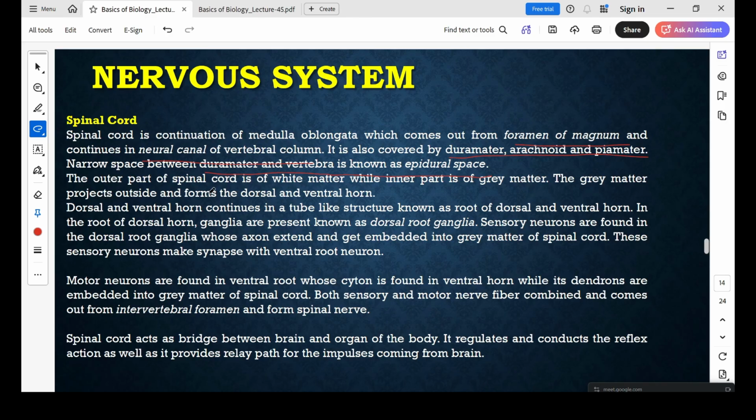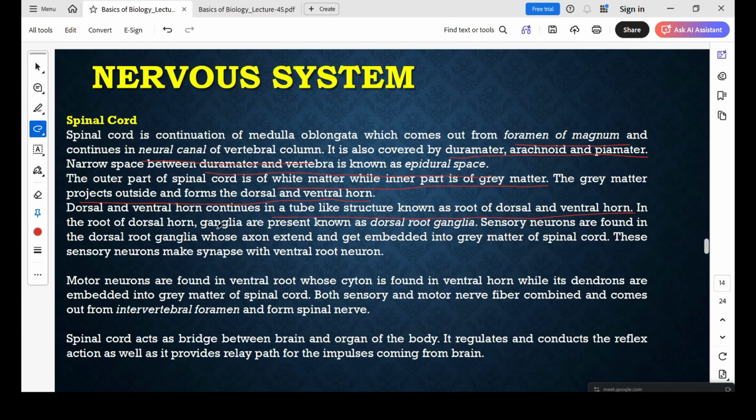The outer part of spinal cord is made up of white matter, whereas the inner part is made up of gray matter. The gray matter projects outside and forms the dorsal and ventral horn. And the dorsal and ventral horn continues in a tube-like structure known as root of dorsal and ventral horn.